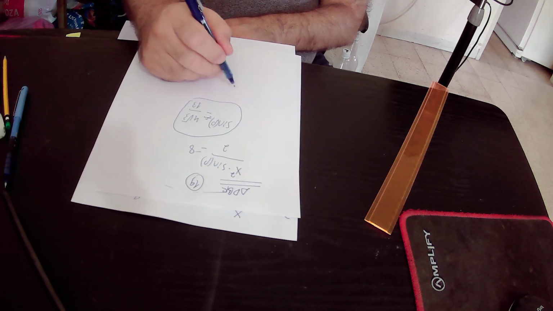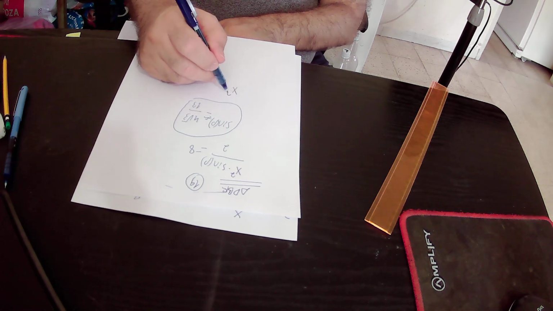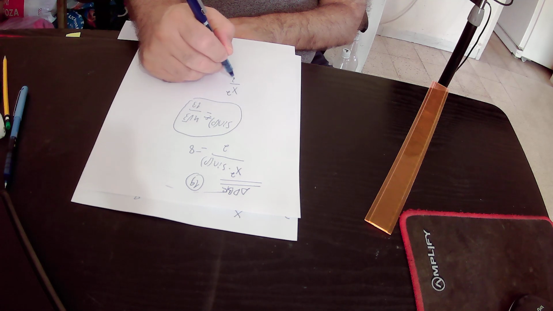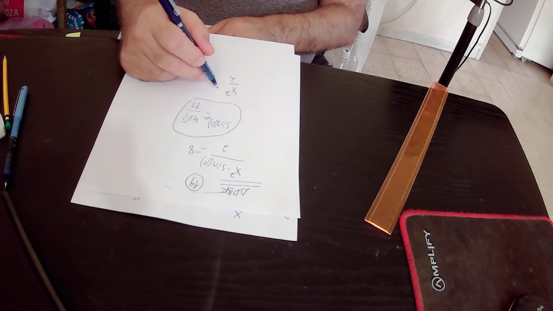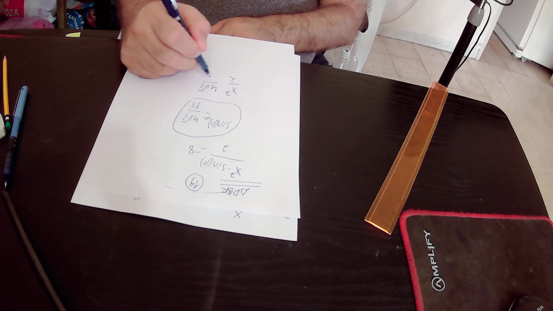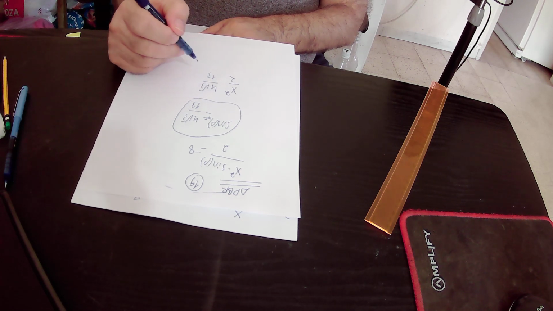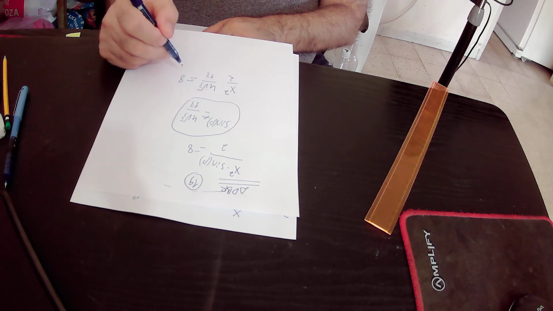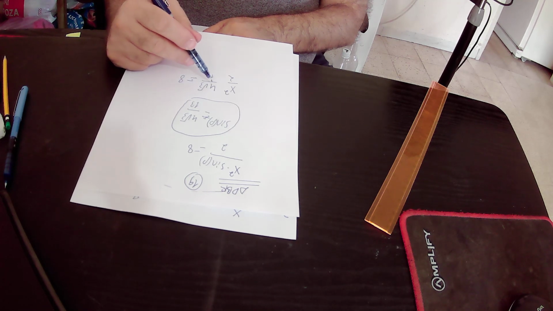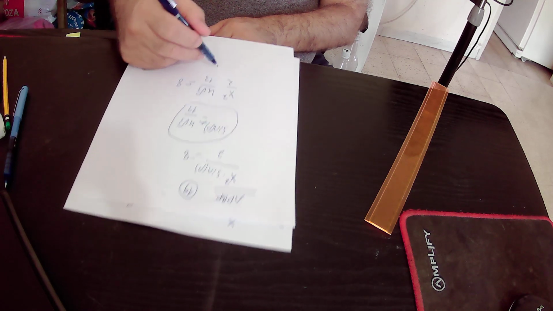So x squared over 2 times 4 times root 3 over 13 equals 8, and 4 over 2 is 2.